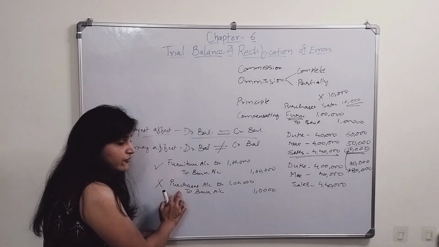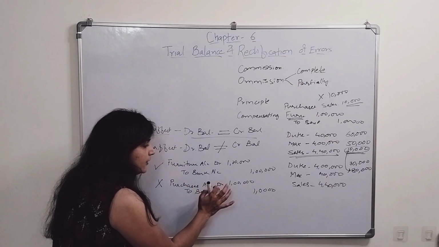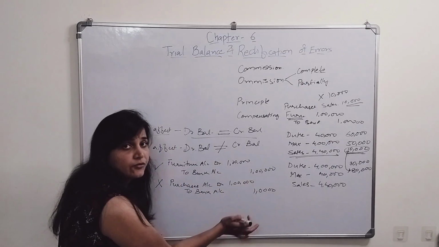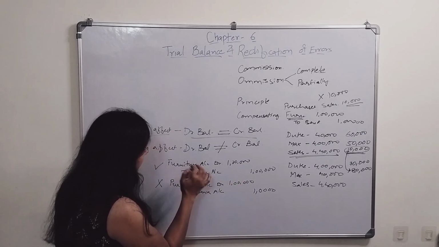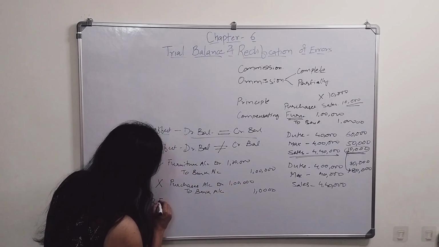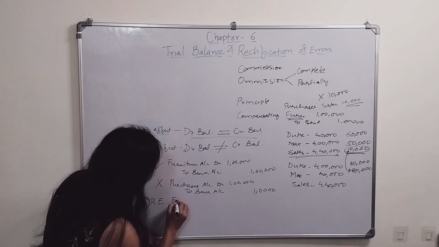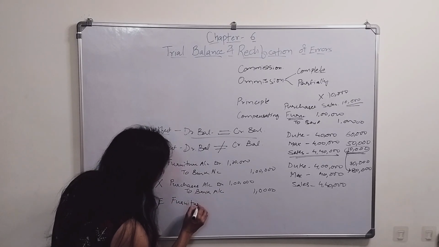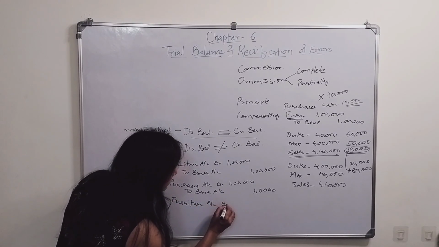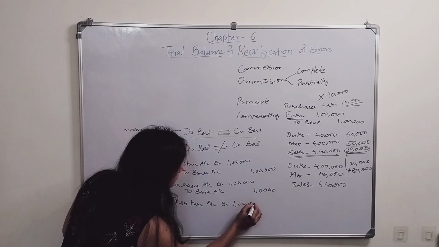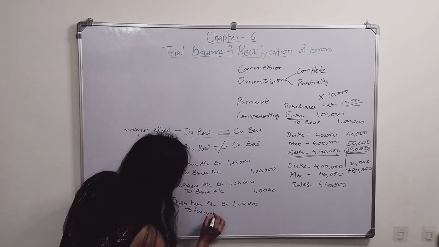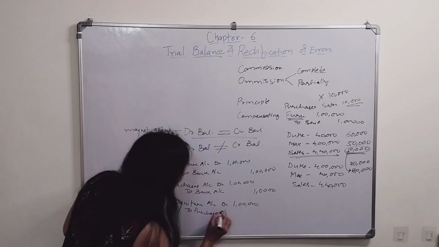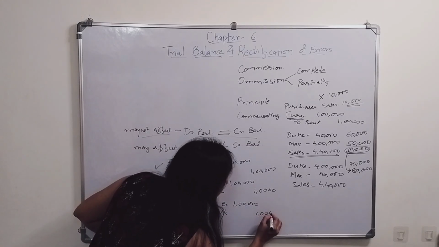I need to rectify it. I have debited purchases, so I need to credit purchases, and I need to debit furniture. So the rectification entry will be: furniture account debit 1 lakh to purchase account. I need to credit the purchases account by rupees 1 lakh.